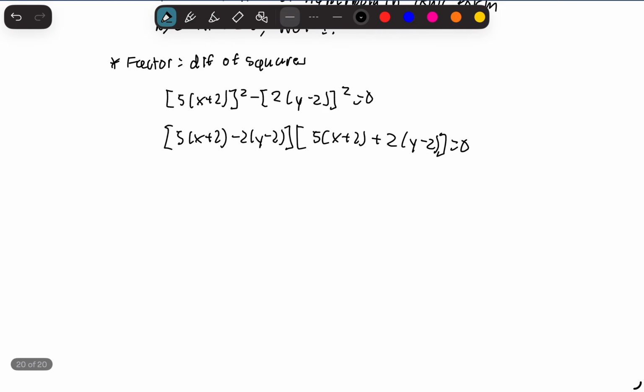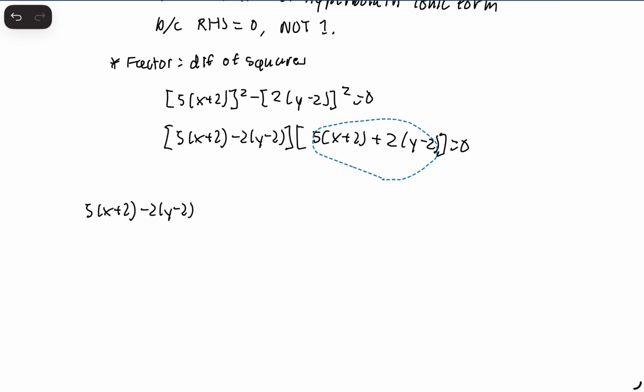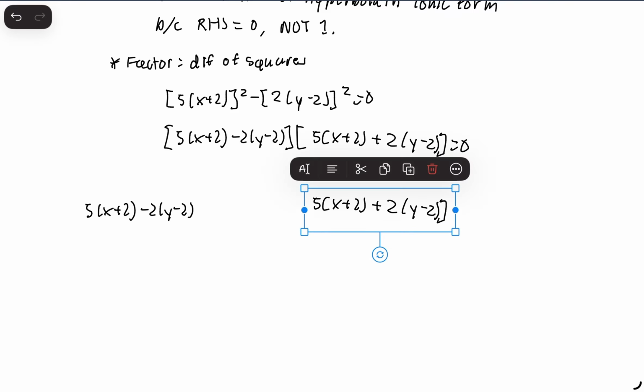Now for each factor, set each of them equal to 0 using the zero product property.